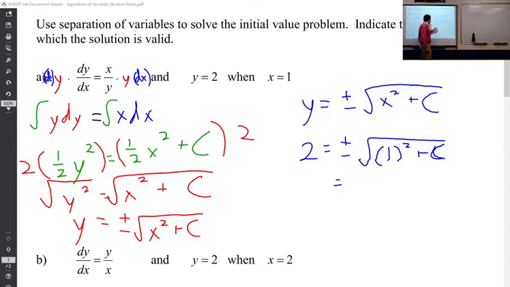Here's where I talk about my plus or minus. My plus or minus means that I want to know whether I want the positive or the negative answer. Well, it looks like the answer should be positive 2, so I want the positive answer. I can do some fancy stuff to solve it, but hopefully you can look at that and know that c is going to be 3.